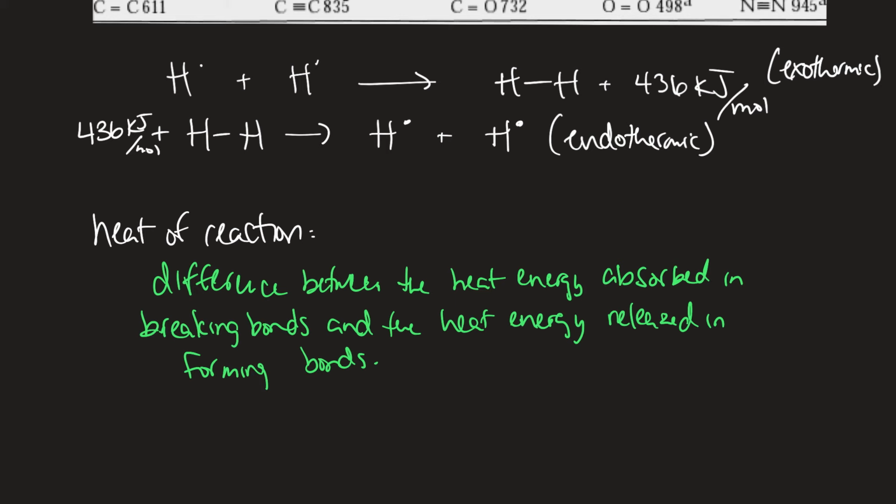In other words, we tend to call this enthalpy, or the change of enthalpy, which is notated as delta H. This value, delta H, represents the enthalpy change, or the energy difference, during the reaction. Sometimes you see it as heat of reaction, other times delta H or change of enthalpy. Make sure you understand that these terms are usually interchangeable.